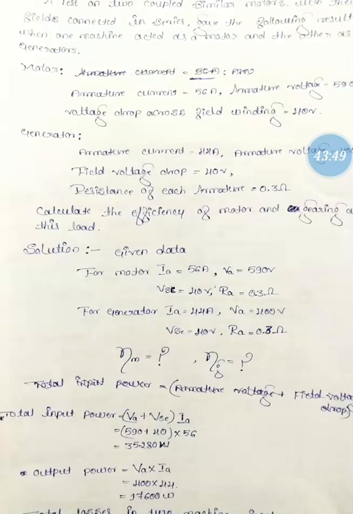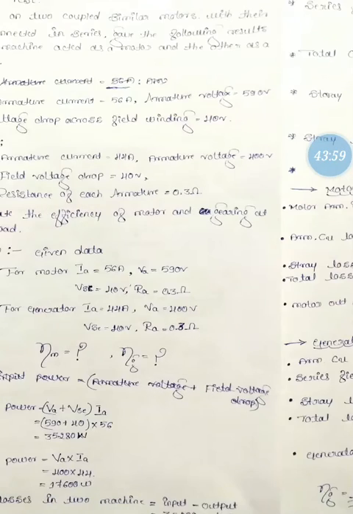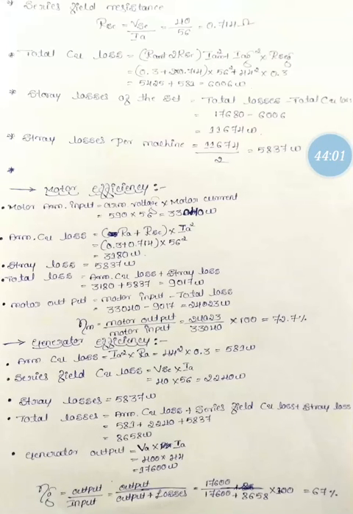Then total losses in the two machines is the difference between the total input power and the total output power, so that we can get 17,680 watt. Then series field winding resistance is calculated as VSC divided by IA.